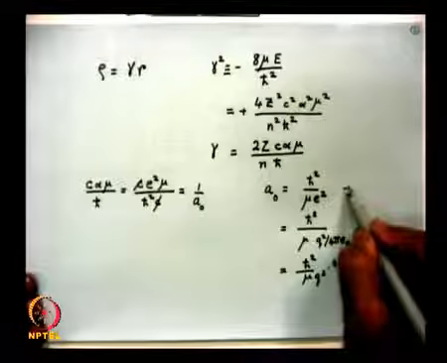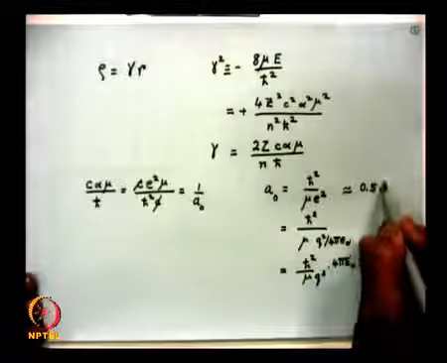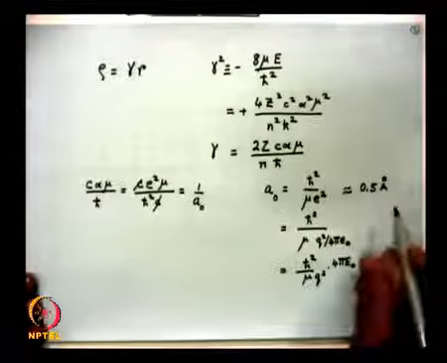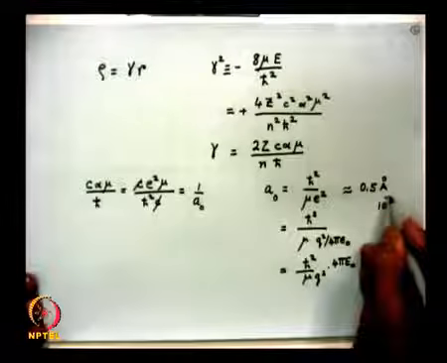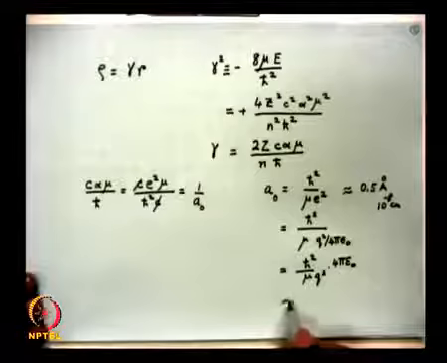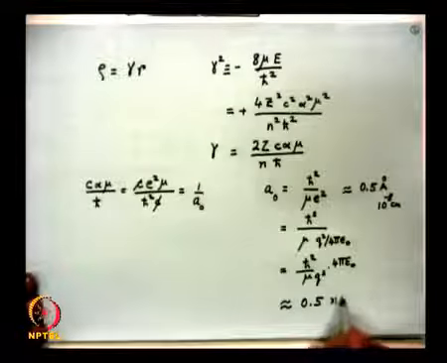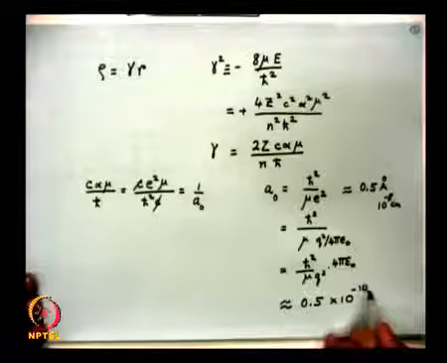The value of the Bohr radius, as you must be knowing, is about half of an angstrom. Angstrom is 10 to the power of minus 8 centimeter, or this is equal to about 0.5 into 10 to the power of minus 10 meter.